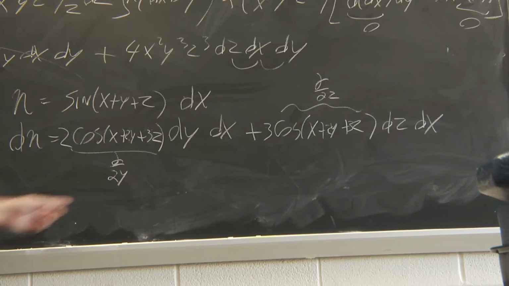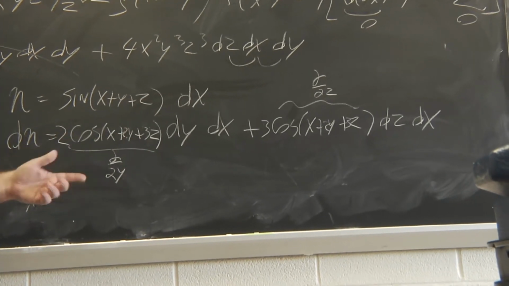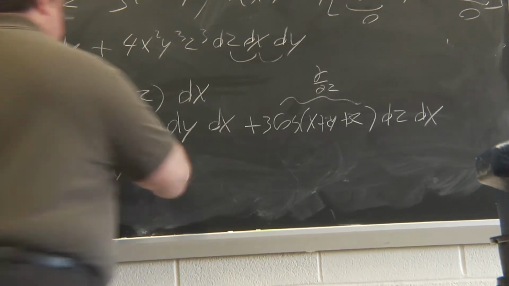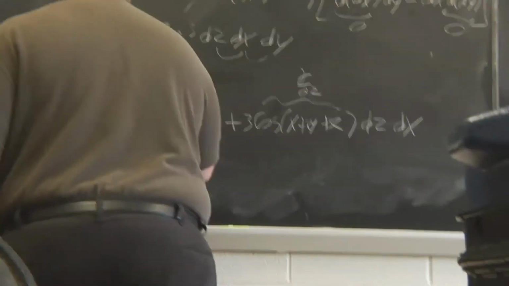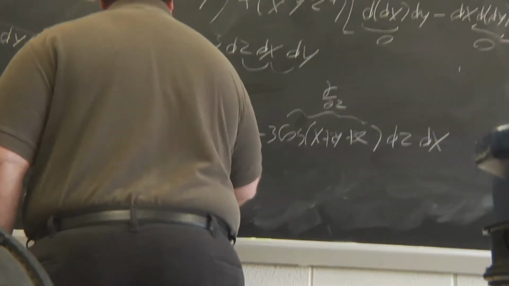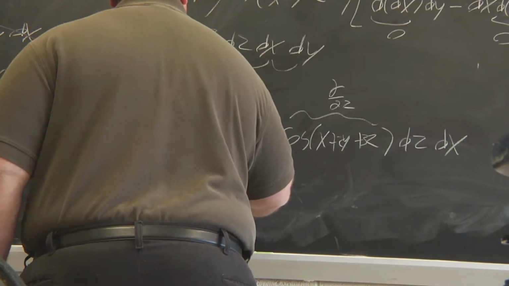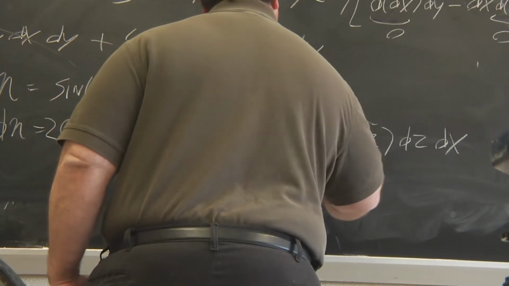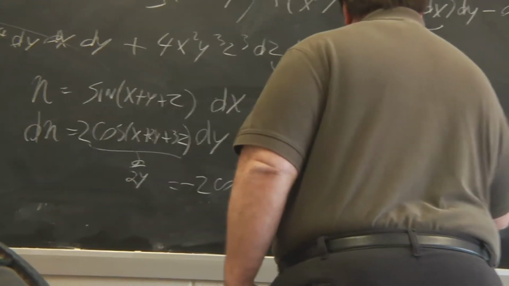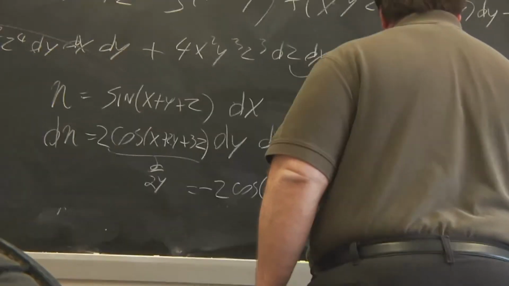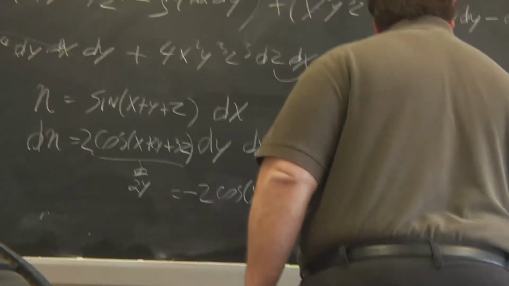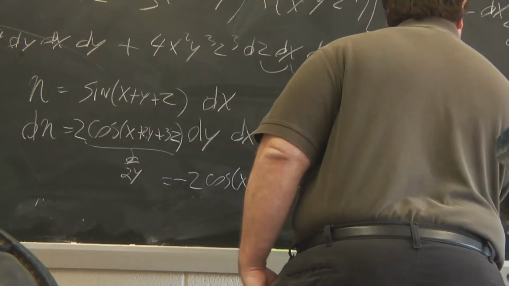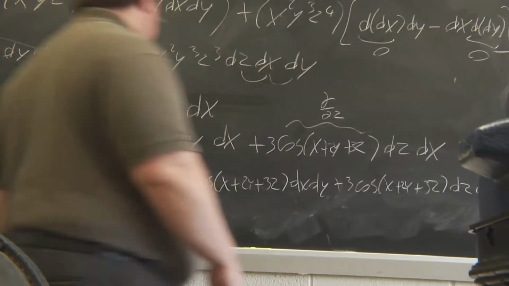And then you perform any interchanges you want to get it in the standard form. So it's going to end up being minus 2 cosine(x plus 2y plus 3z) dx dy, and then these are already in the right order, 3 cosine(x plus 2y plus 3z) dz dx.